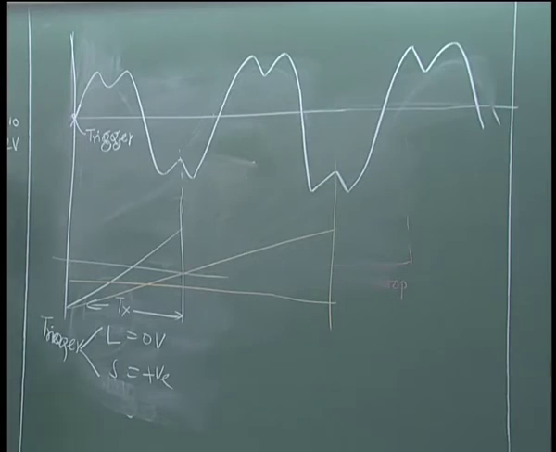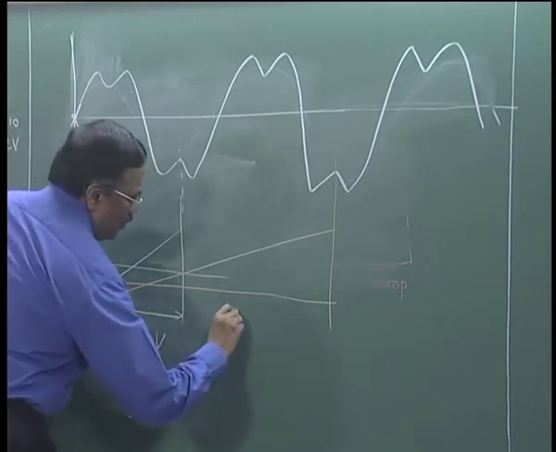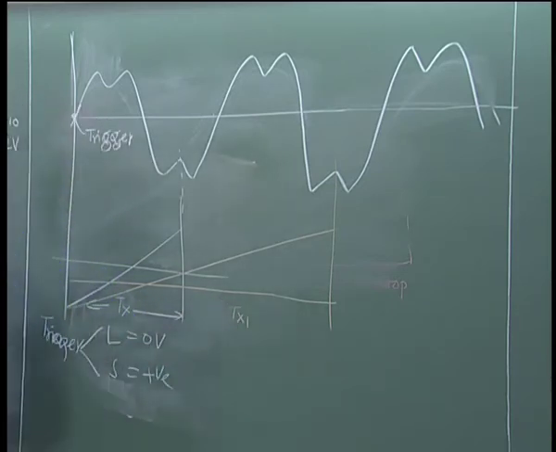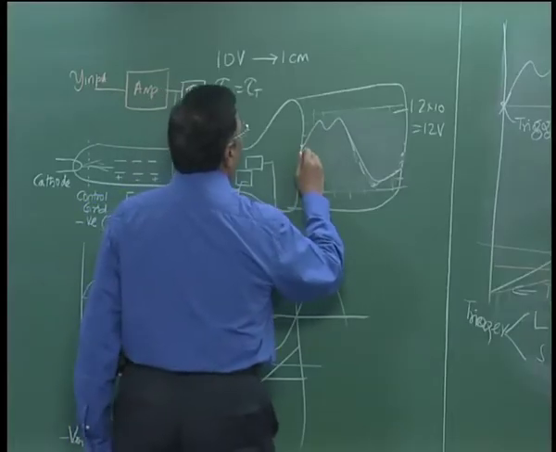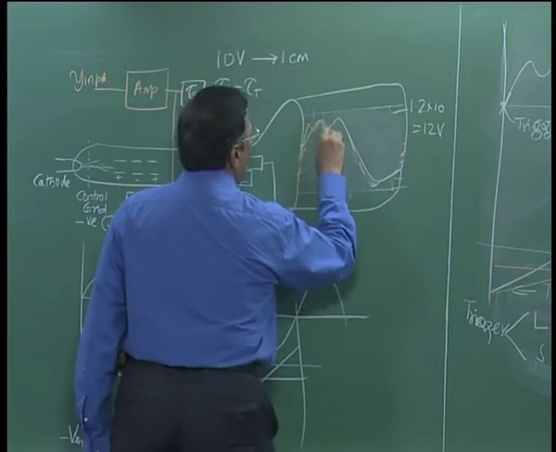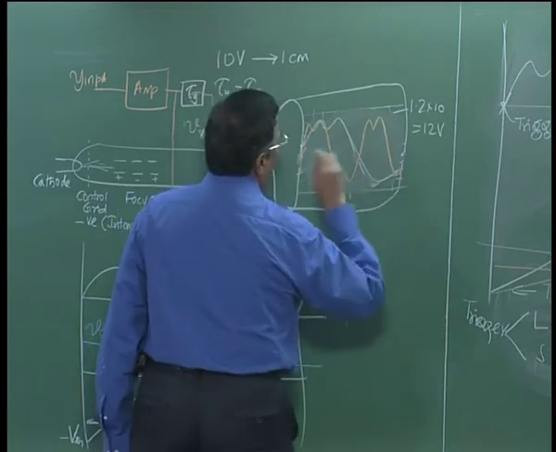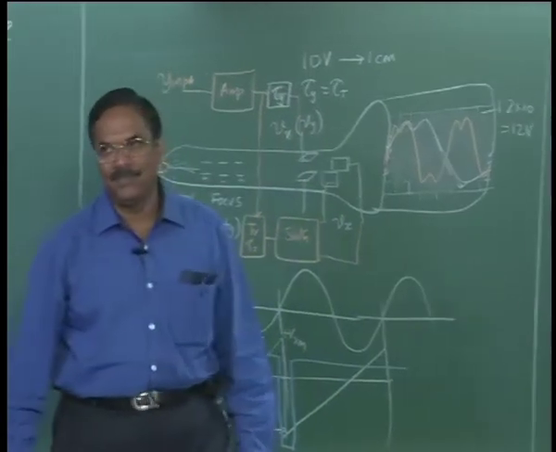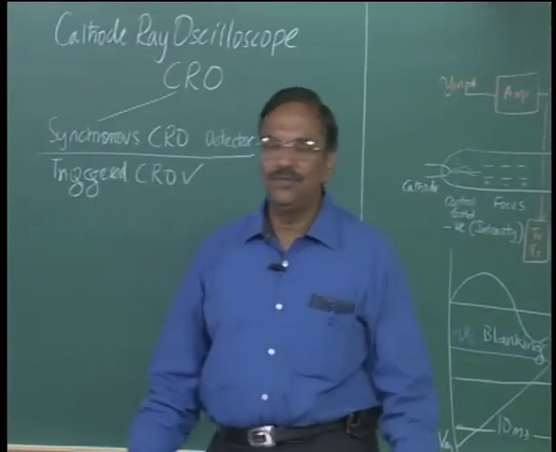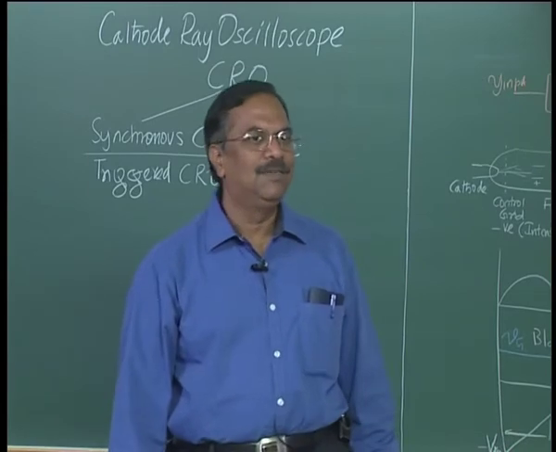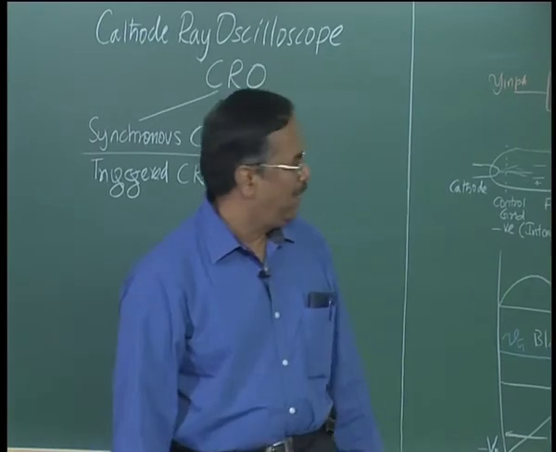So, this is Tx1. The waveform that I would see on the screen would be something like this. I will see two waveforms in my input, right.